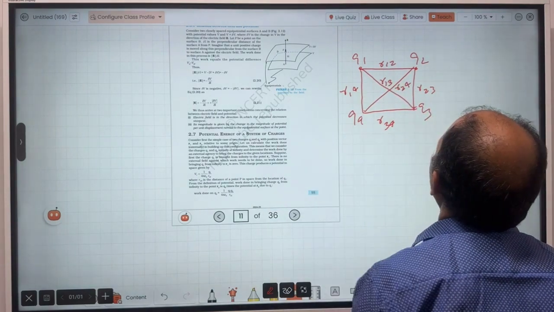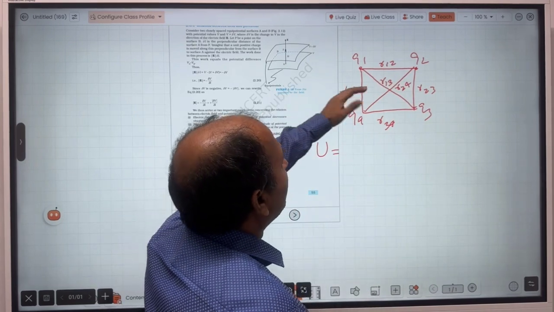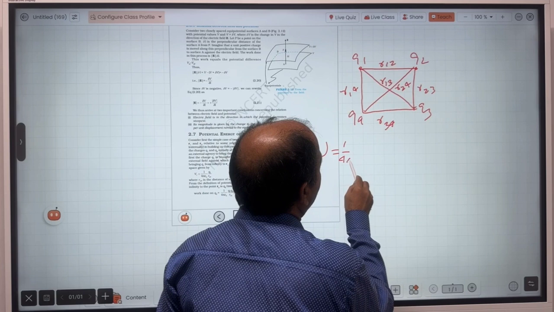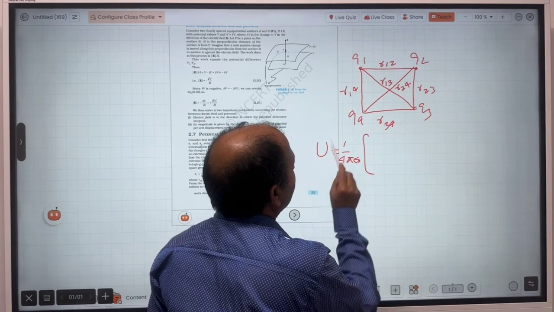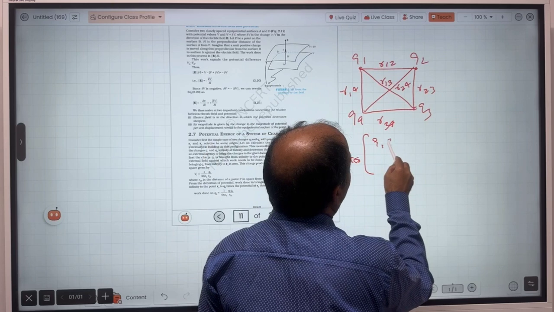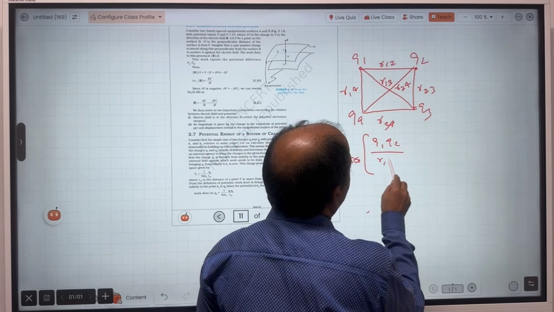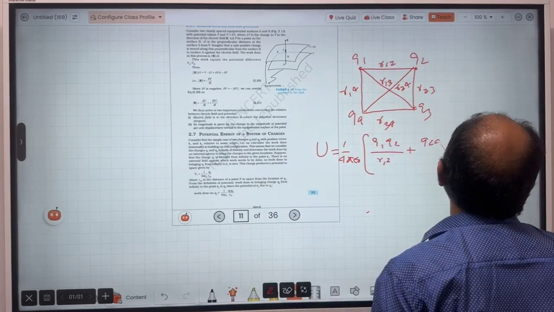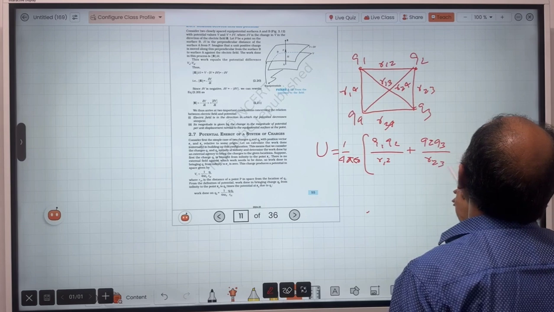Now what you do? Just find the potential energy. You will take all possible interactions. So 1 upon 4 pi epsilon naught will be common to all, so let's write it outside, and then we write Q1 Q2 divided by, what is the separation? R12. Then Q2 Q3 divided by R23.